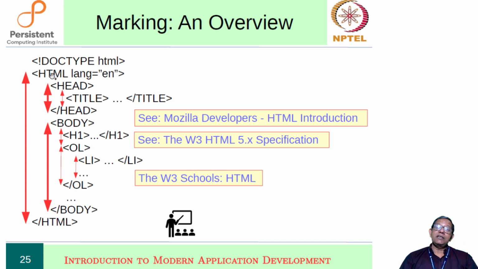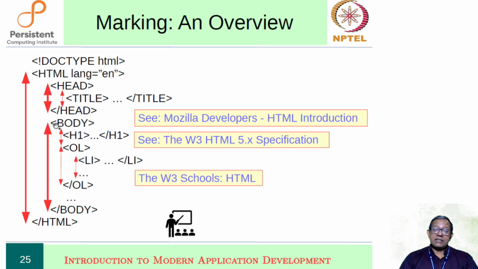An HTML page has subparts, the head, which has the title. There could be other things that are also included in the head. In fact, those other things that are included in the head are very, very useful for search engines. Apart from the head, the HTML also has a body, which is enclosed between the tags body and /body.